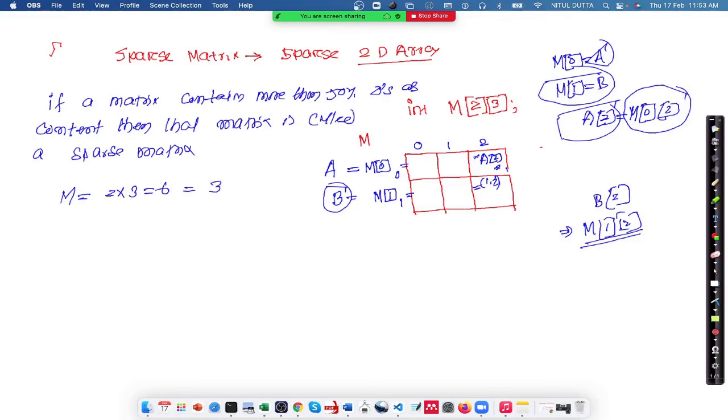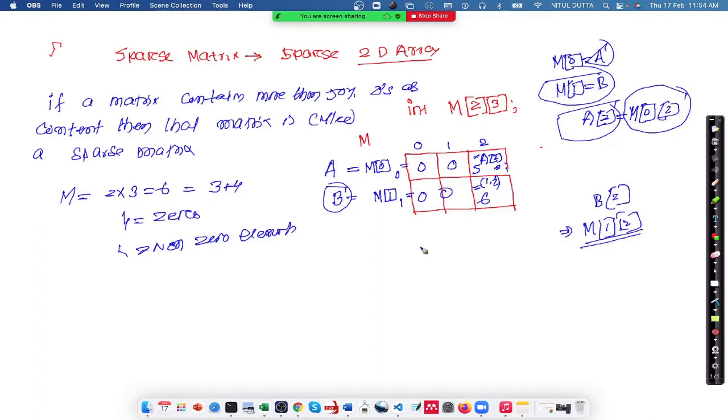If we have more than 3, say 4 zeros, that means out of the 6 elements, 1, 2, 3, 4, 5, 6, 4 are zeros and 2 are non-zero elements. So it's a sparse matrix.